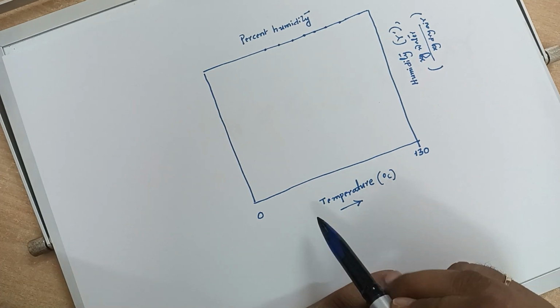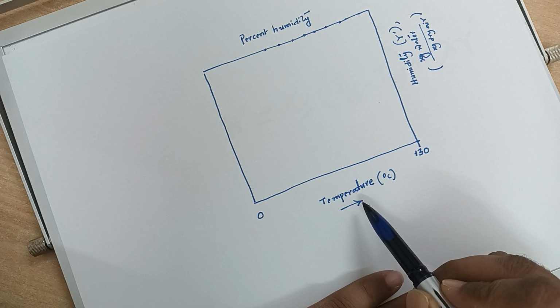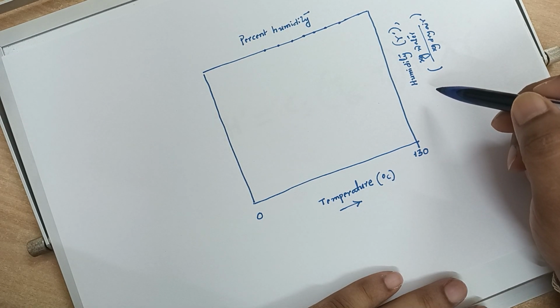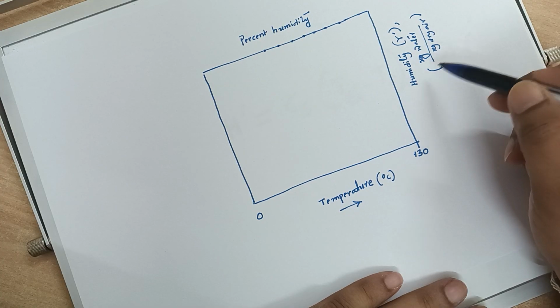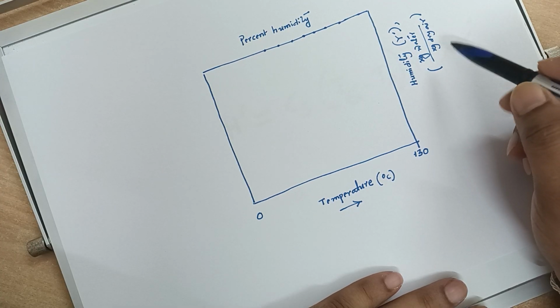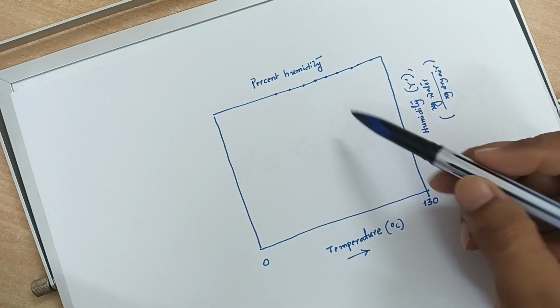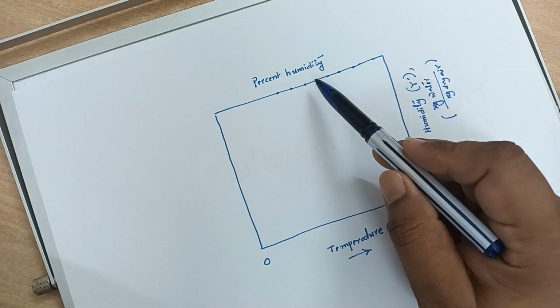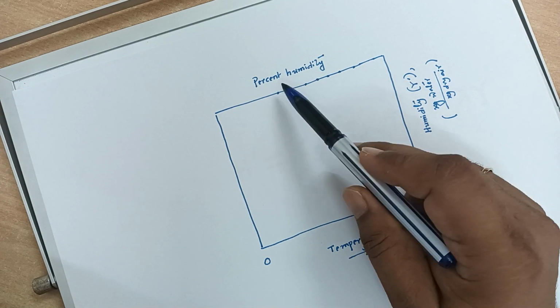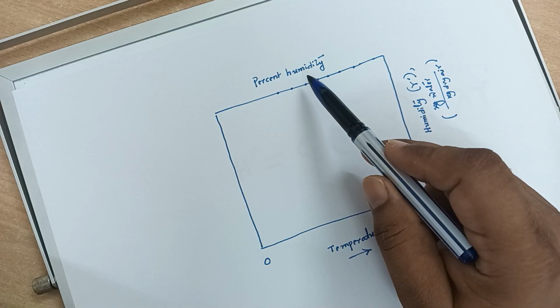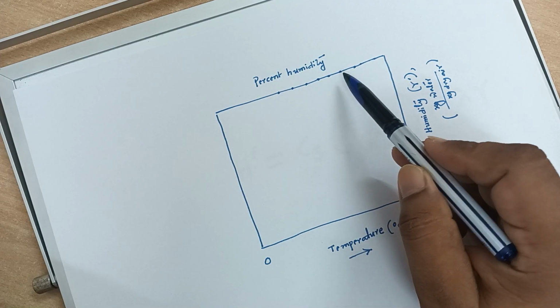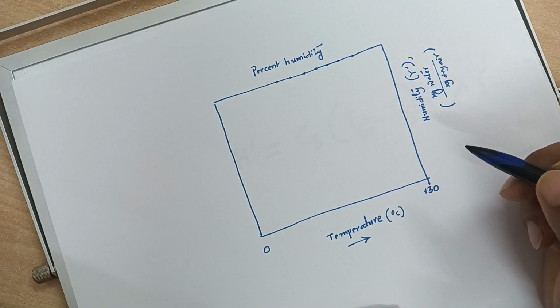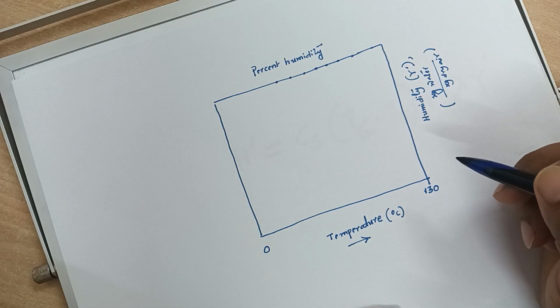In the x-axis we have temperature, in the y-axis we have the humidity, which is kg water per kg dry air unit. And on top of that it is the percentage humidity or the percentage saturation that basically starts from these points. Now suppose dry and wet bulb temperatures are given.